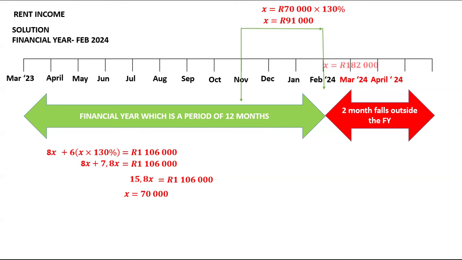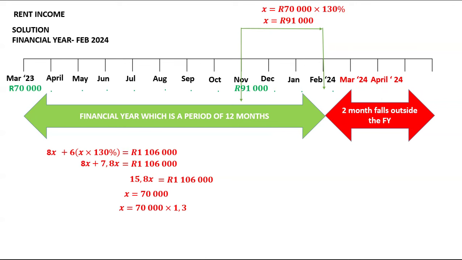That is your rent received in advance, which is a liability. As I've said, it was 70,000 until end of October. From end of October, it became 91,000 rand. So I'm going to take that 182,000 rand because I do not want it. Here I'm just showing you how it works. I do not want that 182,000 rand because it falls outside the financial year.